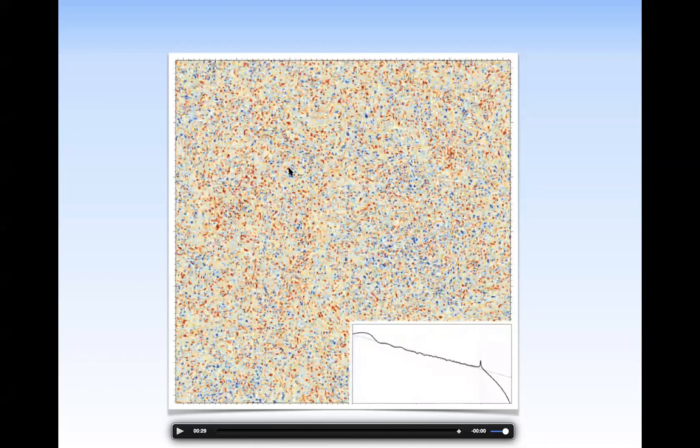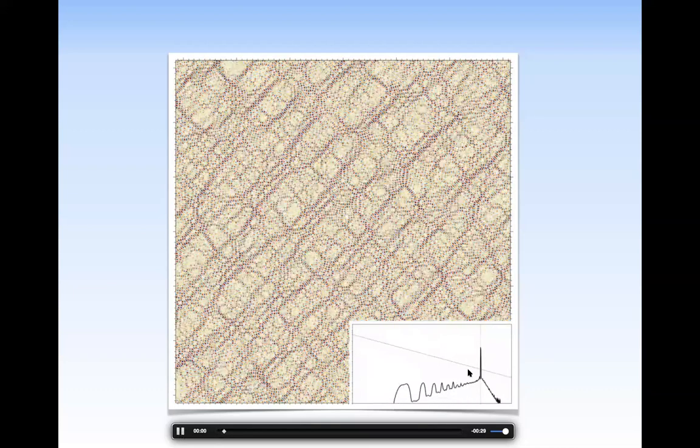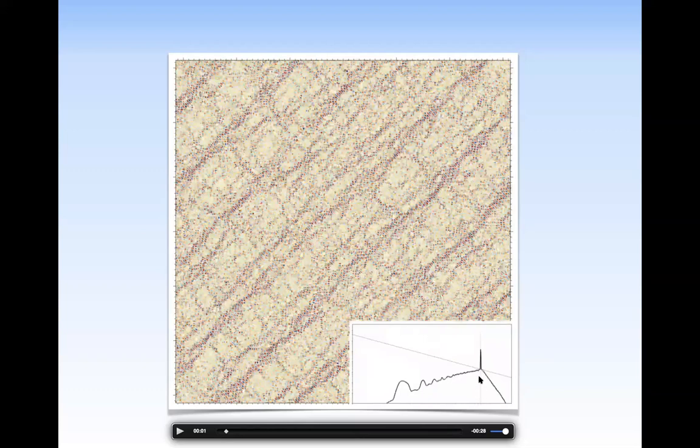Once again, we see that we have energy being transferred from very small scales to larger and larger scales, as one would expect from an inverse cascade. Now I'll play it again to check the power spectrum. Once again, let me point out that this K here is where we're doing the forcing.